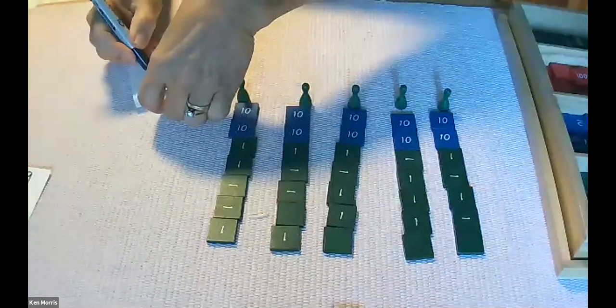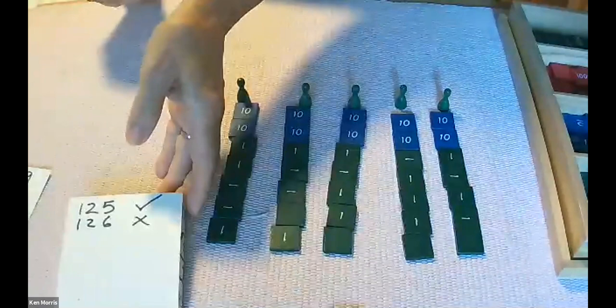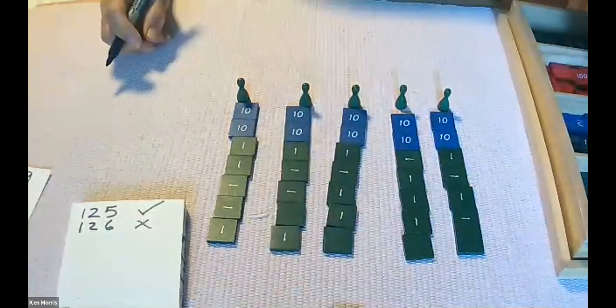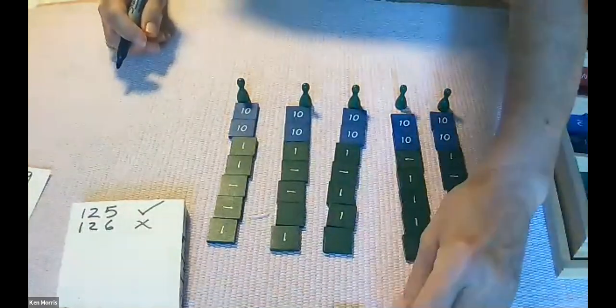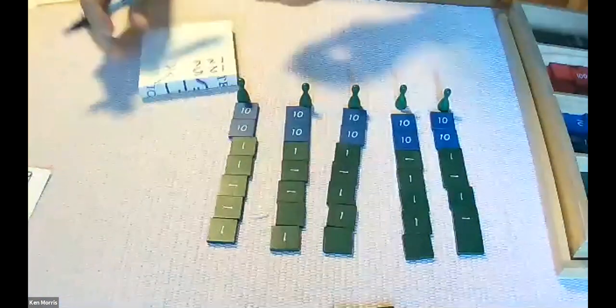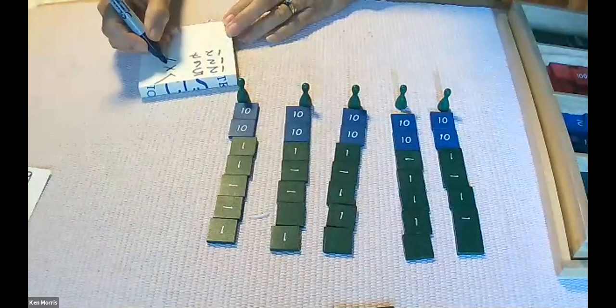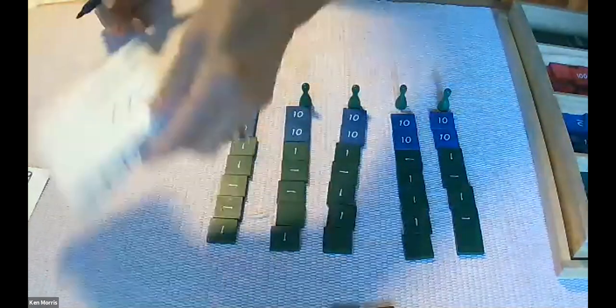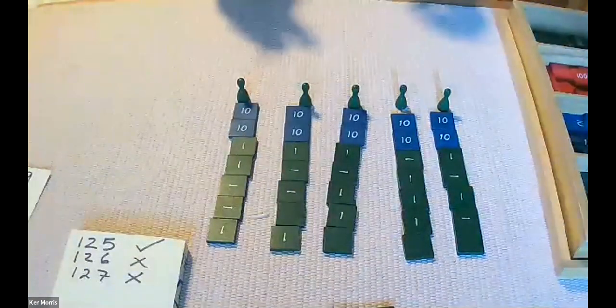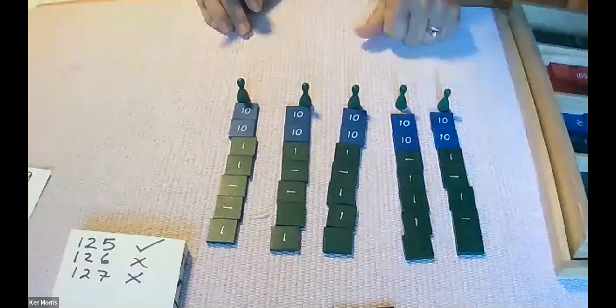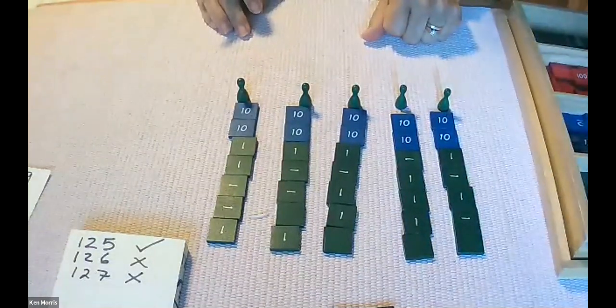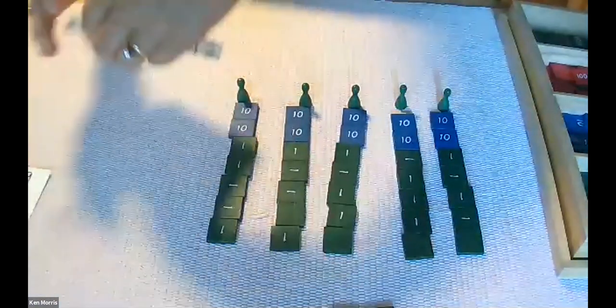And it's very obvious that 126 does not work. Let's go ahead and see 127. And by now, the children are raising their hands, coming out of their seats, trying to tell you what they think. You're right.